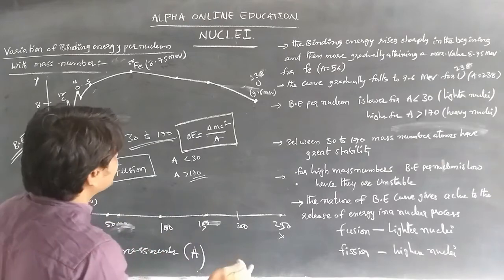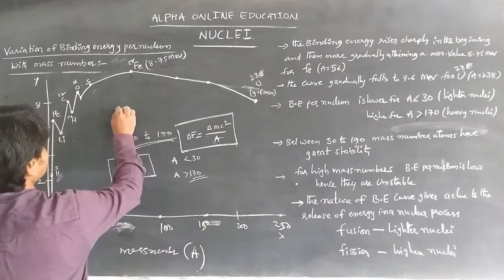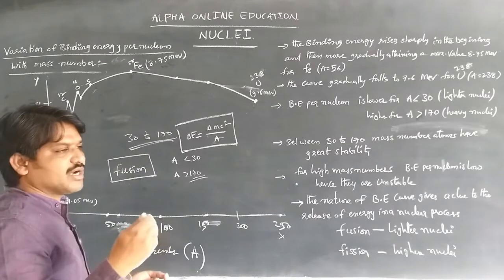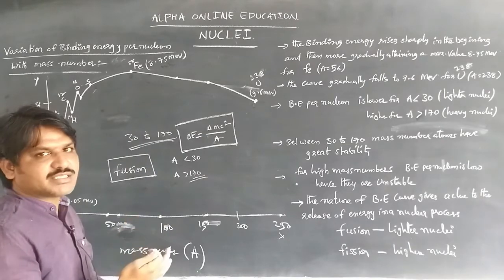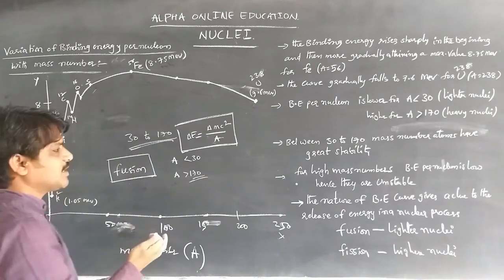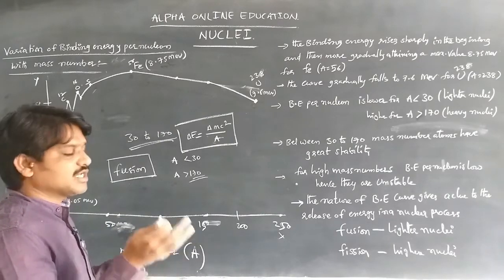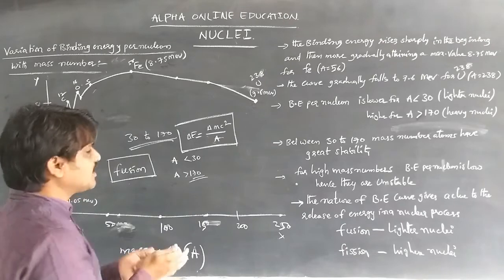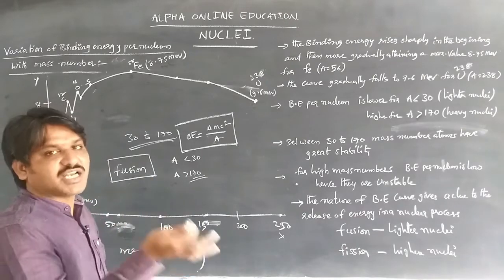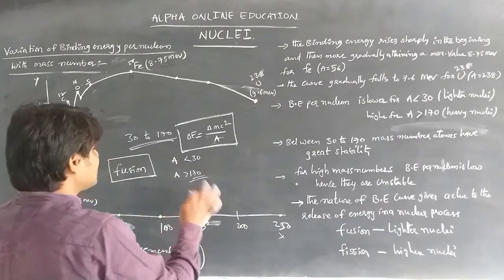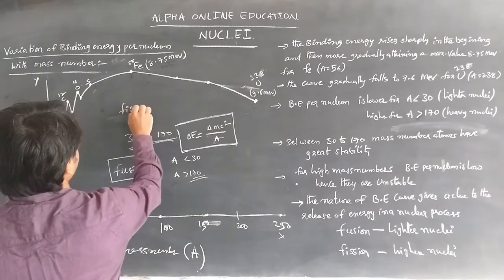Heavy nuclei want to become medium nuclei to be stable, so they split into smaller nuclei, and some energy is released. This is the fission process.